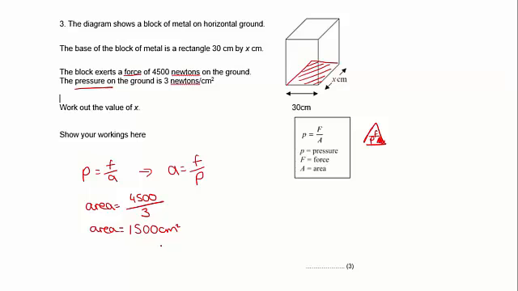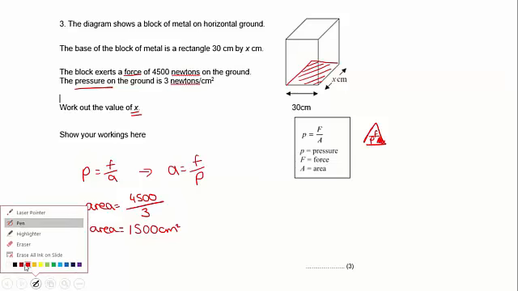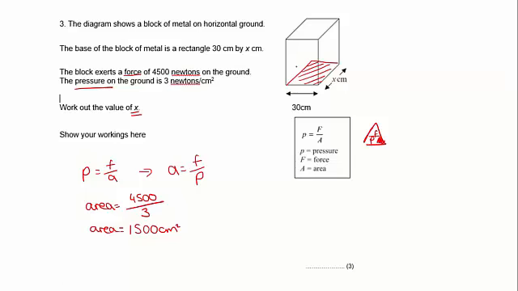Now from there, what are we trying to work out? We're trying to work out the value of x. So we have got this rectangle. As I said, the base of our block is going to be a rectangle that's in contact with it. So that is a rectangle like this with 30 centimetres base and x centimetres height.